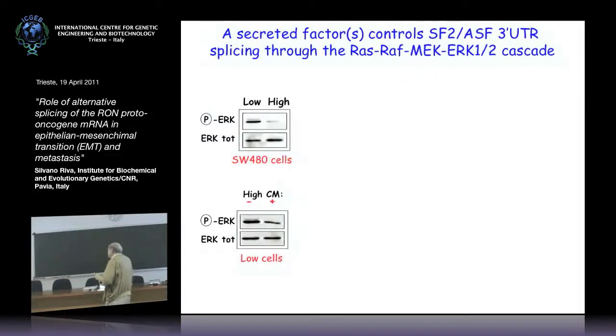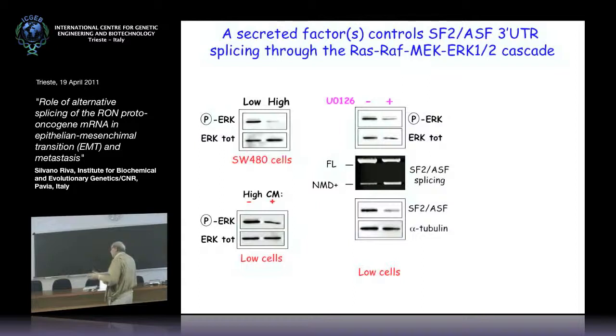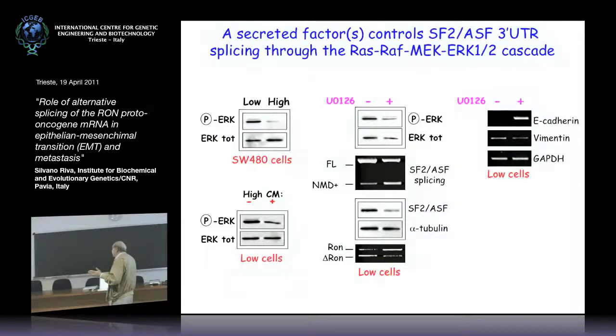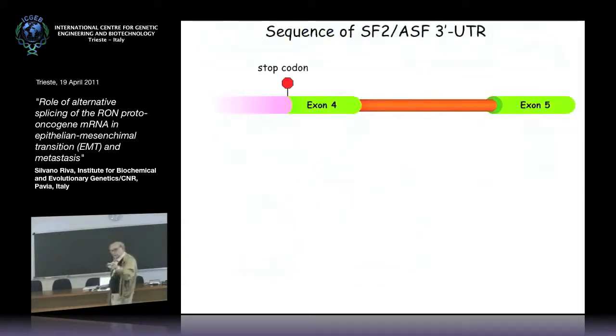And so the secreted factors that control this alternative splicing of SF2 act through the RAF, MEK, ERK1. This is a major signal transduction pathway. And this is the evidence, the phosphorylation pattern, but I don't want to go too much into that, because you can find it on the paper. It's on your CD, all the evidence.